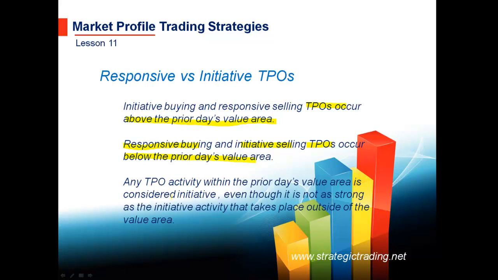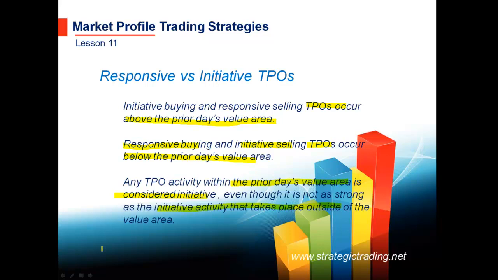So now I need to be looking at the TPO counts and TPO activity in relationship to the prior day's value area. Any TPO activity within the prior day's value area is considered initiative, even though it is not as strong as the initiative activity that takes place outside of the value area.